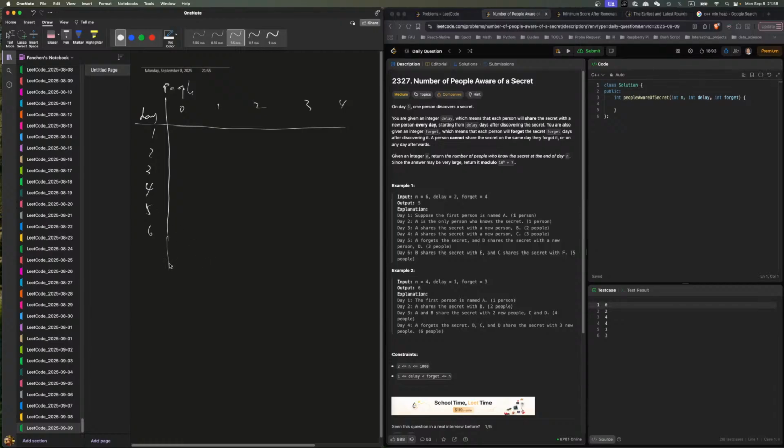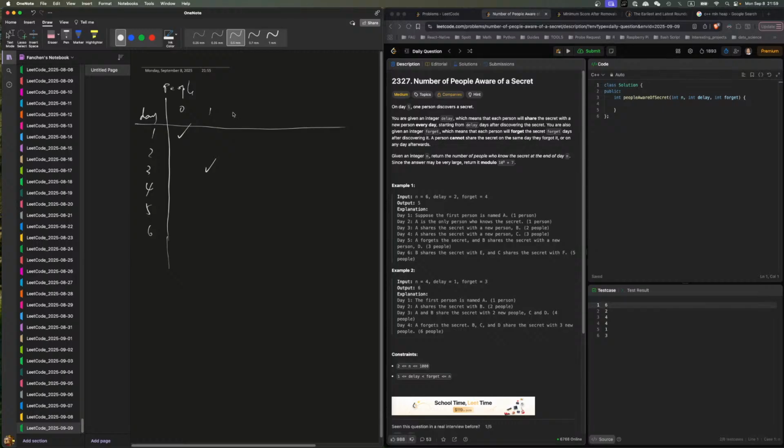We want the number of people who know the secret at the end of... Oh, wait, hold on a second. I don't know the number of people. We just have the sixth day, right? So the first day we have this person. On the third day, because delay is 2, we have this person, because this one tells this one.